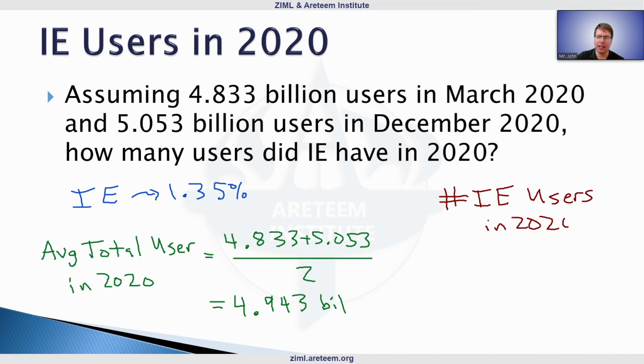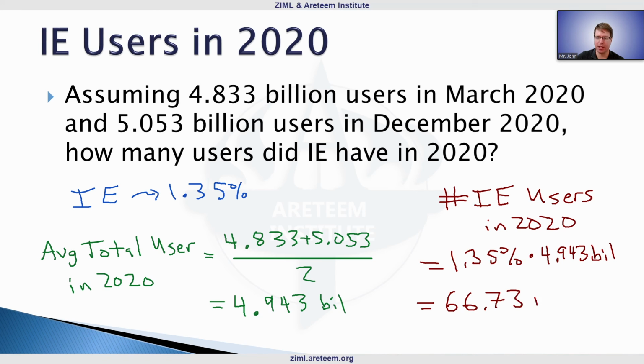Again, we can do the calculation pretty much the same way. 1.35% times 4.943 billion. And let me do the conversion pretty quick here. We have 66.73 million in this scenario.